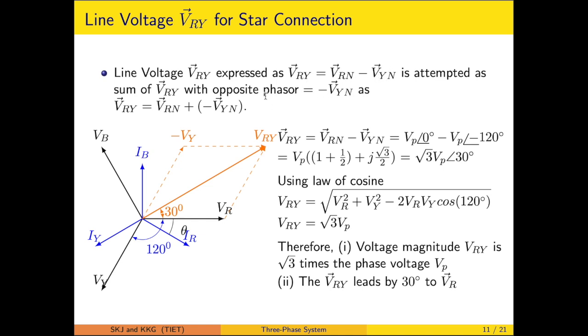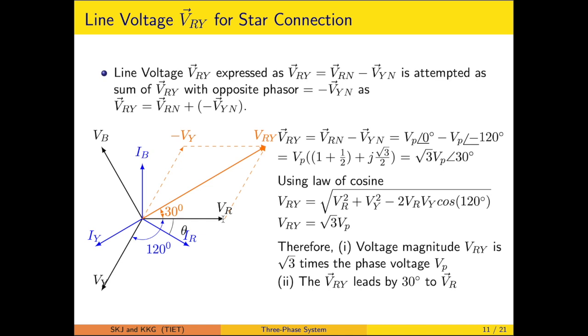This is a subtraction, and the subtraction is attempted as an addition of the negative phasor. So this is VY, and this is the negative phasor you have drawn, and these two are added by the law of parallelogram. That gives the value that VRY is root 3 times the phase voltage Vp, with a 30-degree angle.